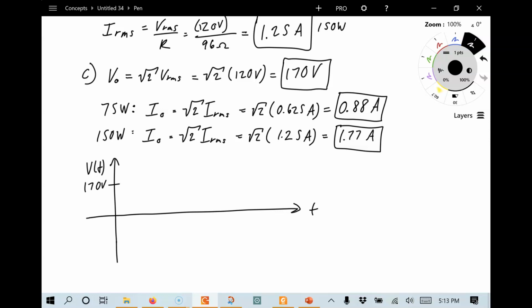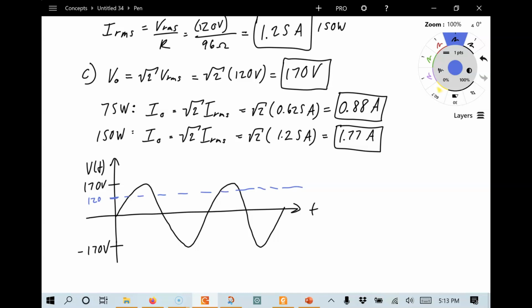So 170 and minus 170. So we're looking at the RMS voltage. That means that it's going to cycle between these two values. It goes back and forth, back and forth. Whereas the RMS value, 120, is a type of average of that voltage.